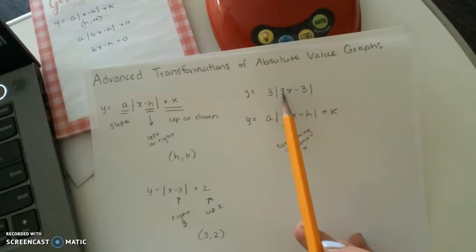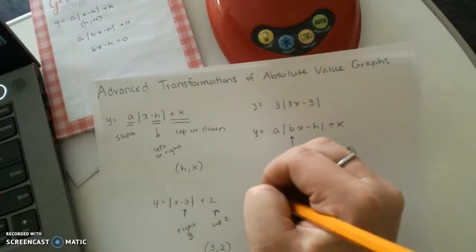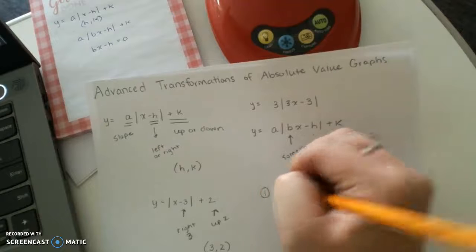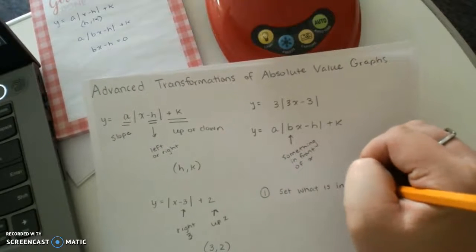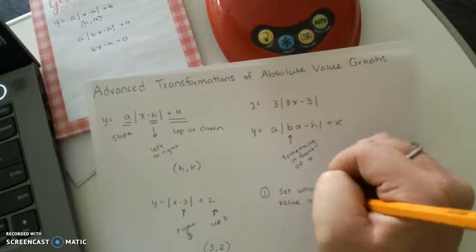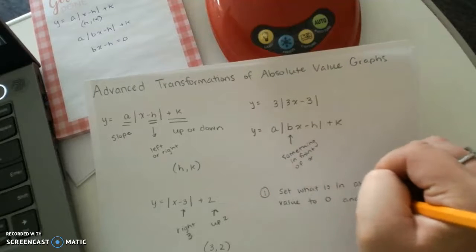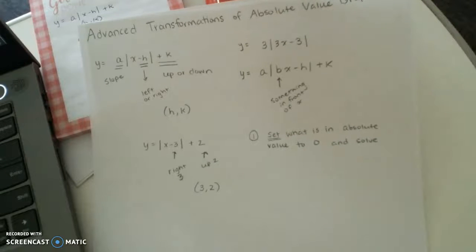Now, because there's something in front of our x, we have to do an extra step. So our first step will be to set what is in absolute value to 0 and solve. And remember, when I say the word set, I mean make it equal to 0.